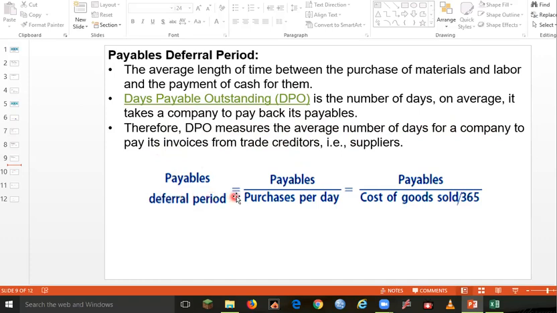Payables deferral period is equal to payables divided by purchases per day or payables divided by cost of goods sold per day. If we have purchases in a problem, then we will take this formula, and if we don't have purchases, then we will take the cost of goods sold formula.